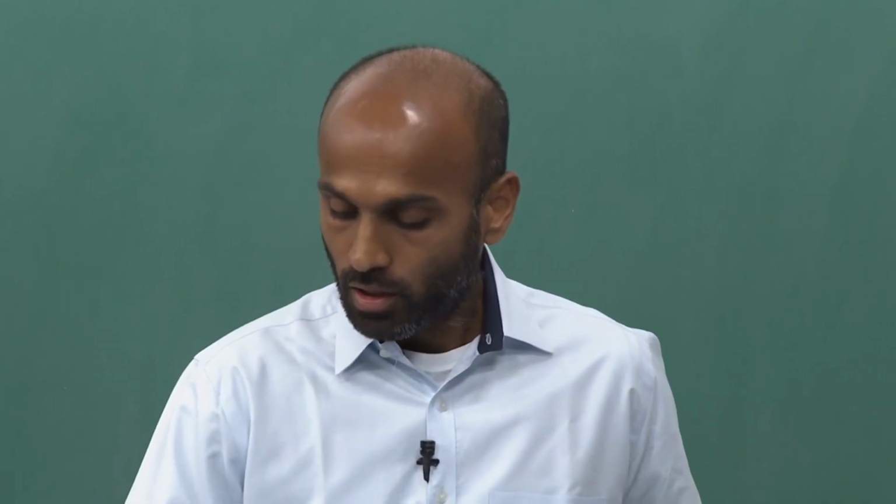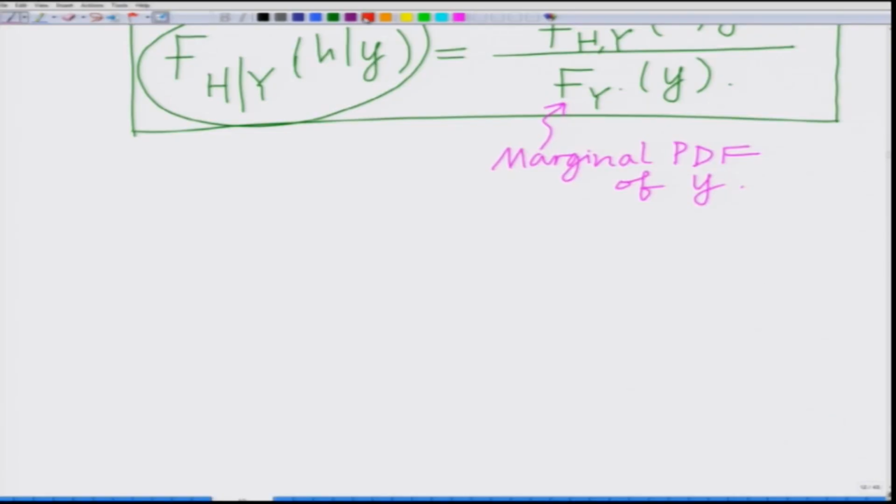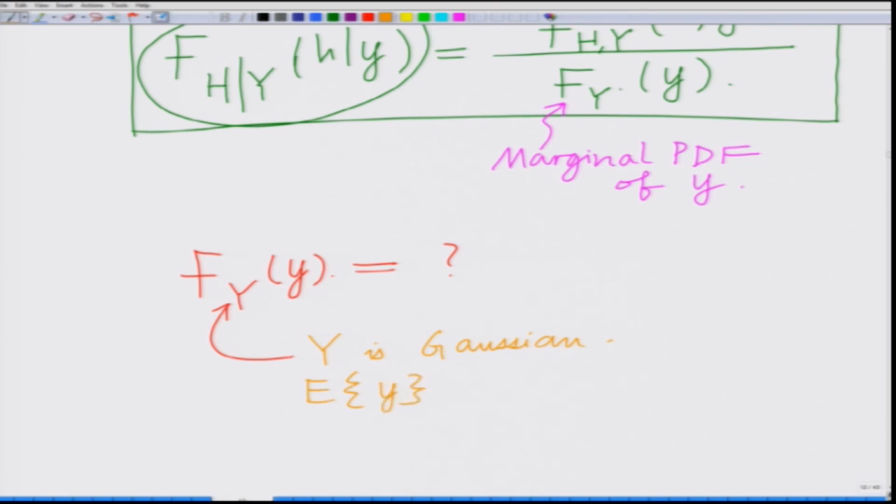Now, first we know the marginal probability density function of y. This is easy to compute. What is this? We know that y is a Gaussian random variable. Expected value of y equal to 0 and expected value of y square equals sigma y square.